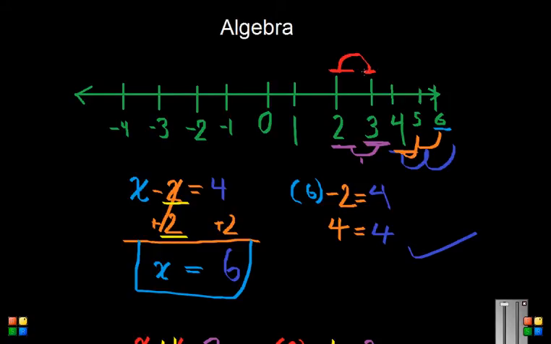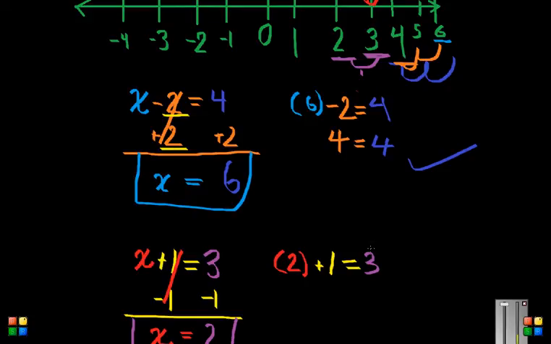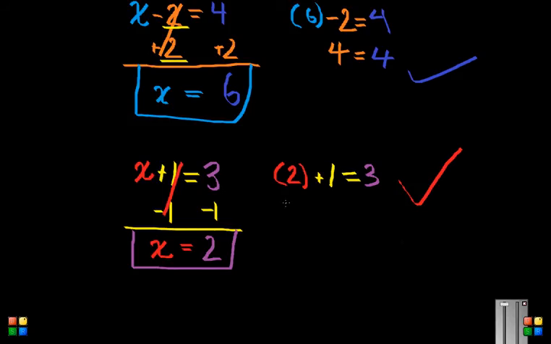So you're left with 2 plus 1 is equal to 3, which is true, because 3 is equal to 3. See how simple that was? Algebra is truly not a difficult concept to understand.